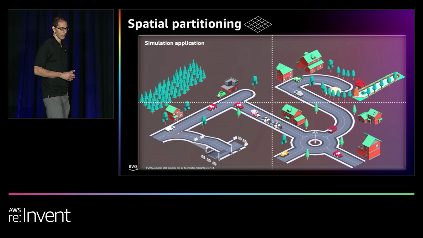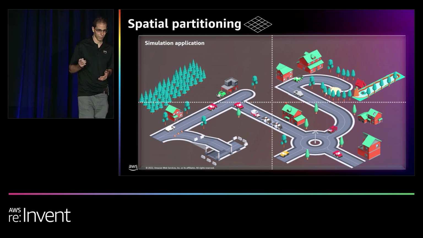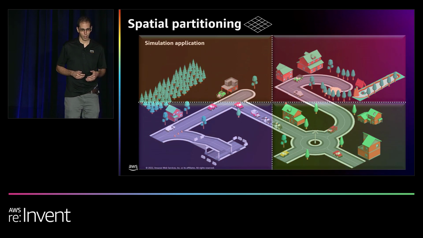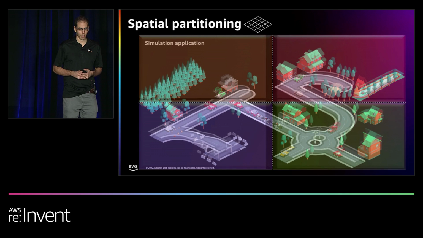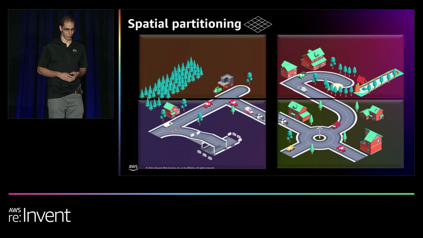We will take the simulation space and divide it up into what we call spatial partitions. Each of these partitions, which I have 4 of here that are all color-coded, will run your SimSpace Weaver apps. Instead of taking our compute power and throwing it at a single giant area, we're actually going to throw it at each of these smaller sections.